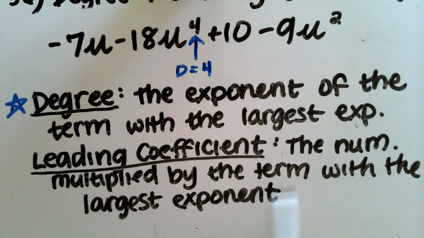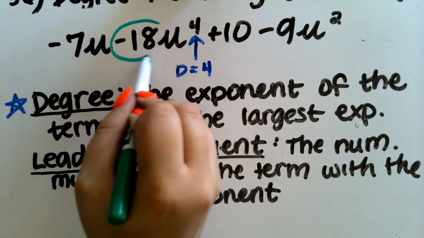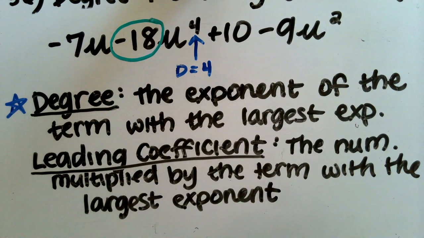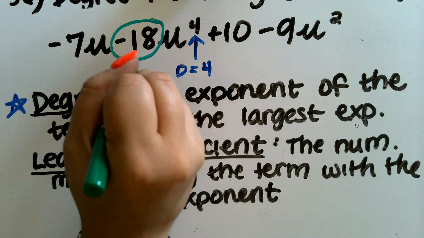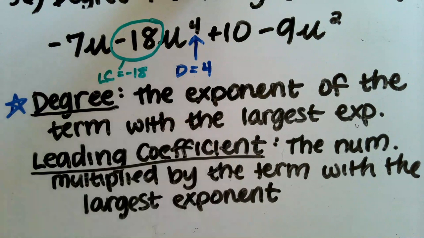So our leading coefficient is the number multiplied by the term with the largest exponent. Therefore, negative 18, that coefficient sitting in front of u to the fourth, our leading coefficient is equal to negative 18. Our degree is 4, and our leading coefficient is negative 18.